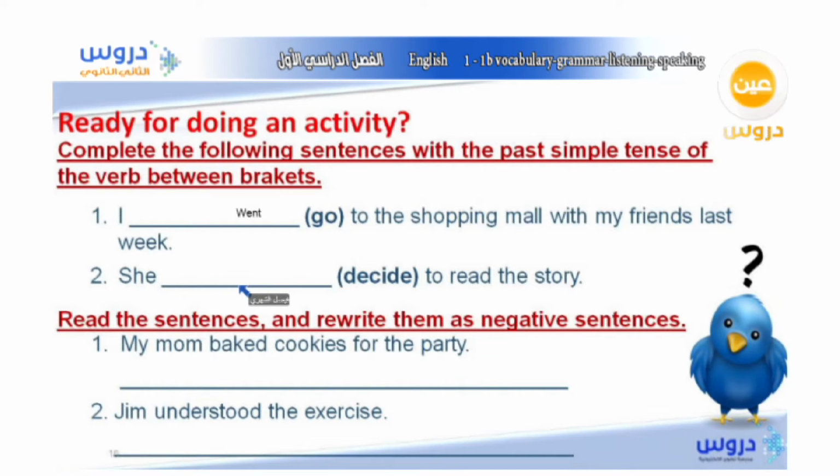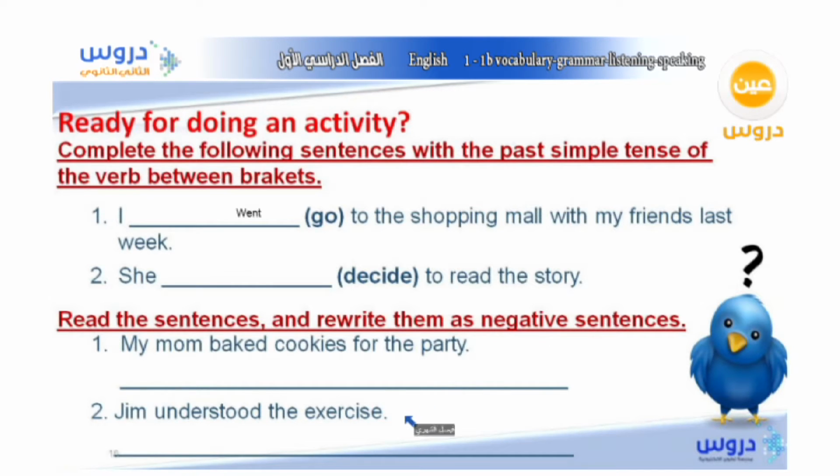And if you notice, we are not using the second form, we are using the base form. My mom did not bake cookies for the party. And James did not understand the exercise. Any questions up to now?